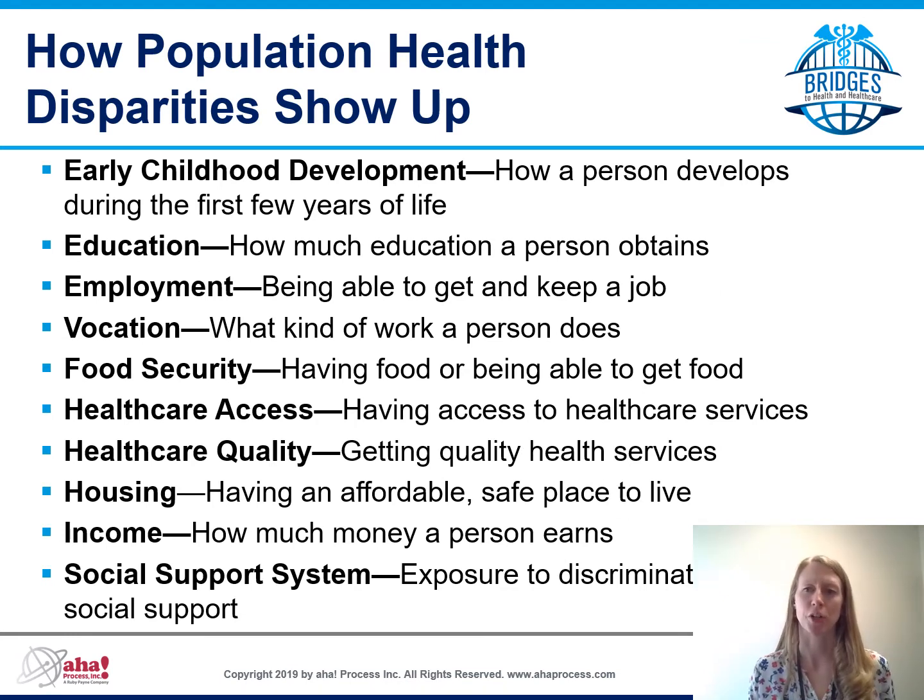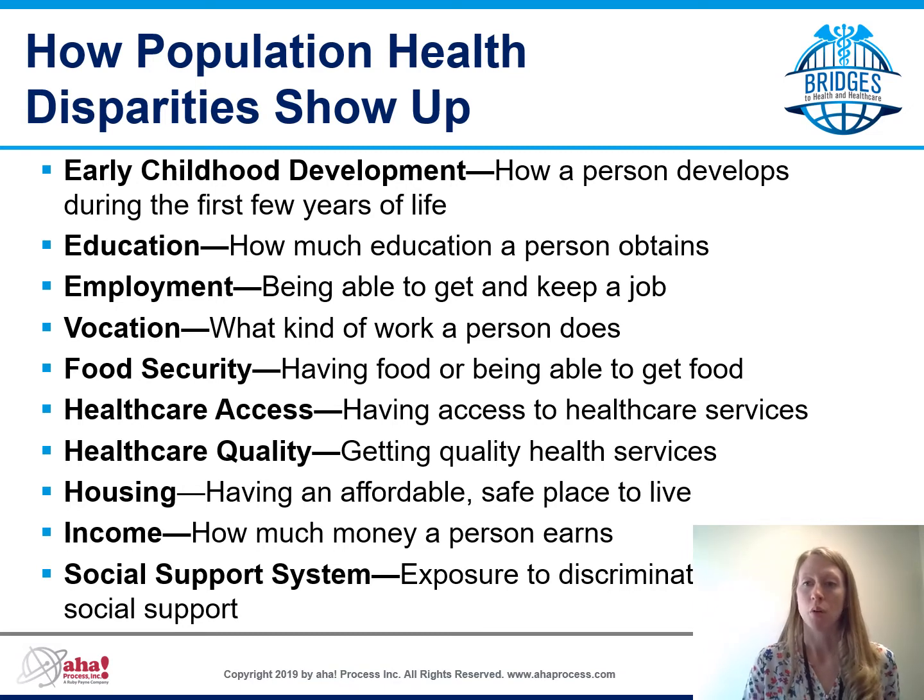How do we measure or gauge the presence or absence of pop health disparities? The list on the screen is a good start. The authors of Bridges argue that awareness and the ability to notice these attributes are as critical as noting physical symptoms in a patient.